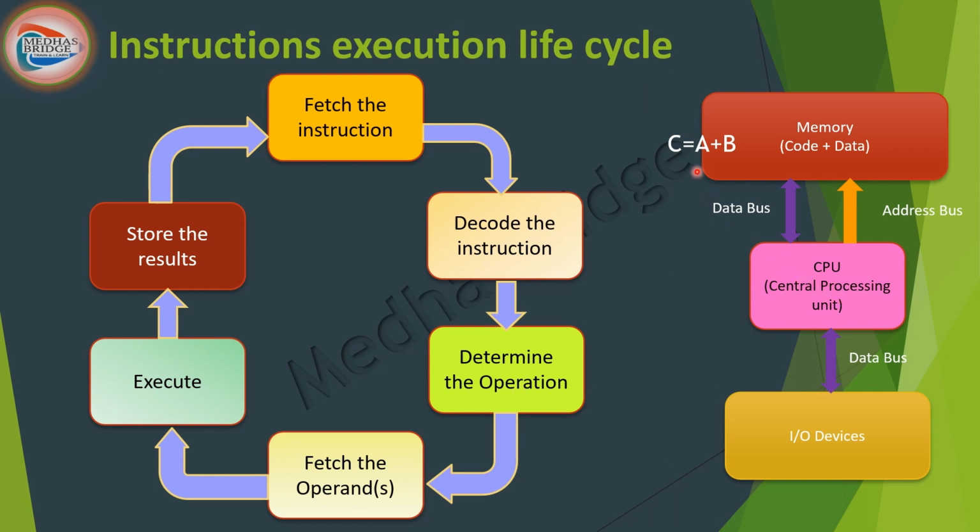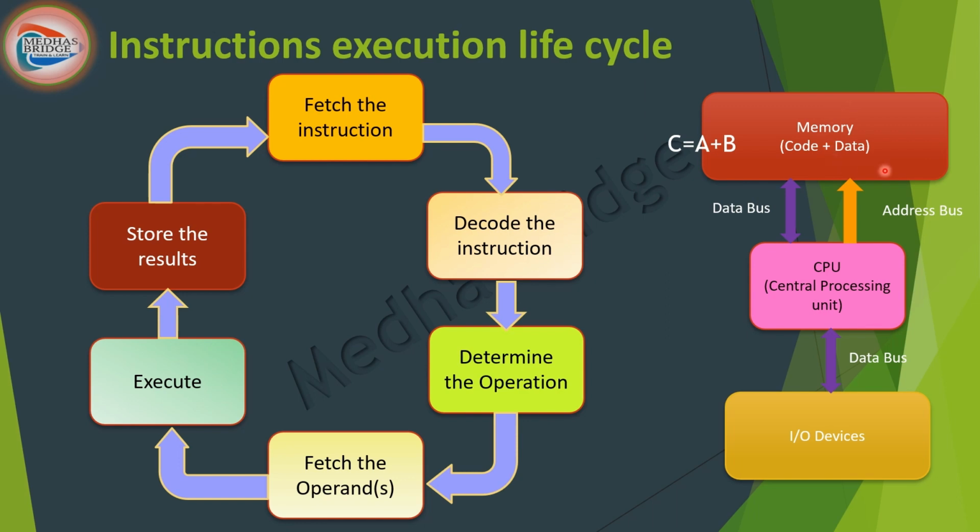In our case, C is equal to A plus B. Plus is an operator. It requires two operands. These operands will be available in your data memory. So the CPU tries to fetch the operands from the data memory area. Now that the CPU has the operation and the operands, it executes and computes the result. The result is then stored back to memory because C is also part of your data area.